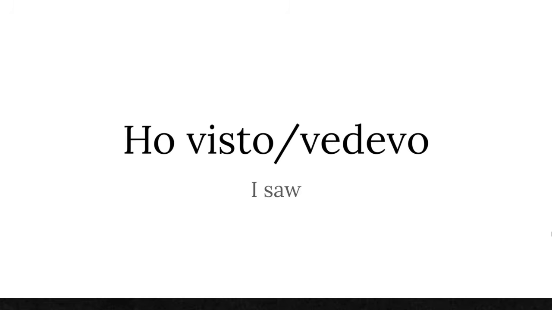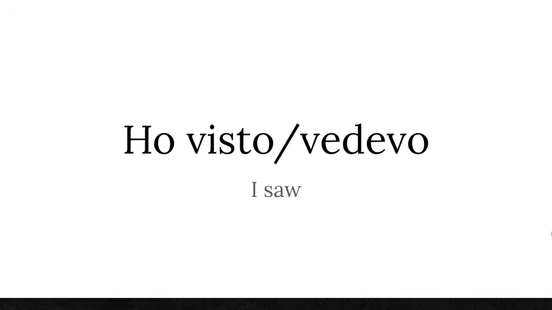I saw, here we have another example of irregular verb, because to see is vedere. So, if the verb was regular, it would be veduto as the past participle, but it's irregular. So its past participle is visto. I saw, ho visto. Imperfetto, vedevo.